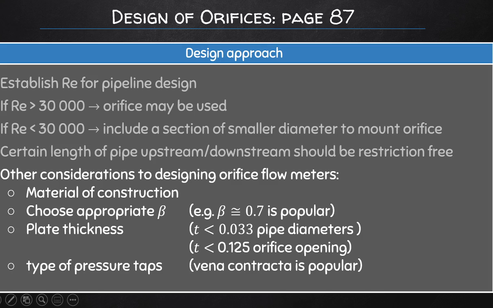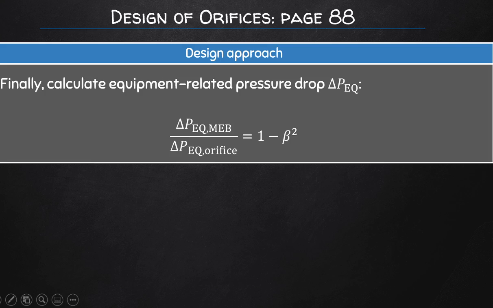And lastly, we will treat orifice plates as pieces of equipment, so they will be included in delta P_EQ, and we will include their pressure drop in the mechanical energy balance, using the following equation, which is at the back of the chapter.